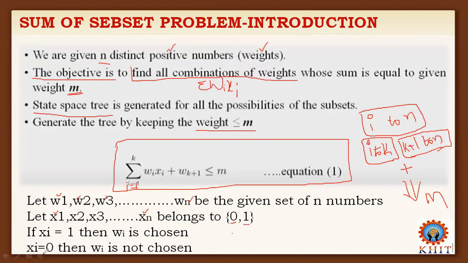If x of i equals 1, the weight of that item is selected. If x of i equals 0, the weight of that item is not selected or chosen. These are the constraints and rules which we apply before solving the given problem.